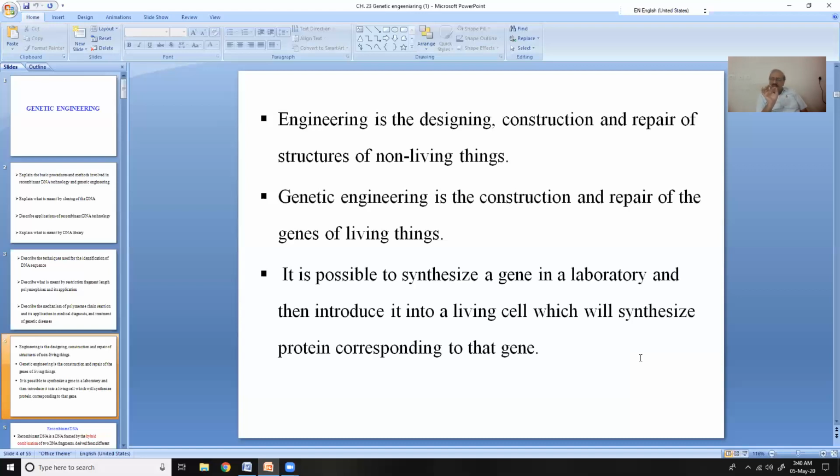So that gene is isolated in the laboratory, and then we will have to see how this gene corresponds to the biosynthesis of protein via the messenger RNA. Okay.